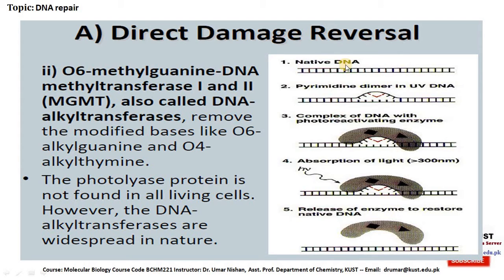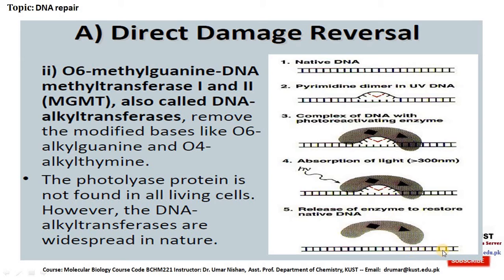Now here one can see a native DNA pyrimidine dimer resulting from UV can form, as you can see in the diagram. Complex of DNA with photoreactivating enzyme is formed. Absorption of light greater than 300 nanometers results in release of enzyme to restore native DNA.